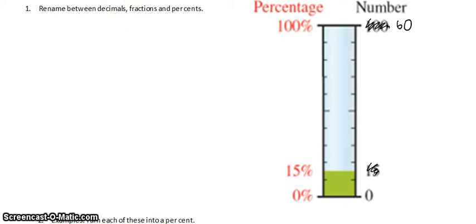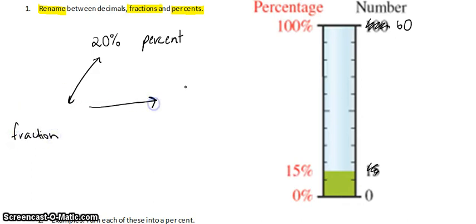Another thing I'd like you to understand is that we rename percents. I want you to know the different names that we call a percentage. So let's start with 20%. We can write this as a percent, or we can write this as a fraction, or we can write this as a decimal.